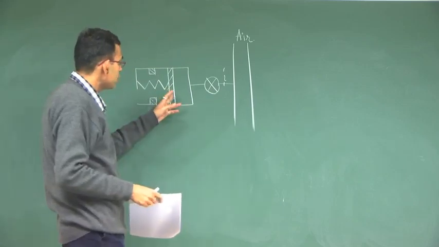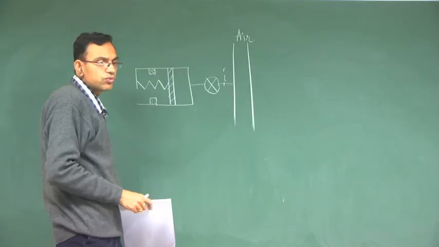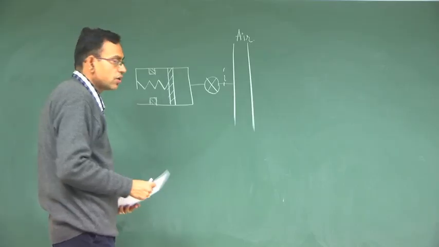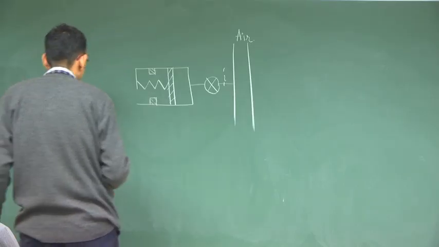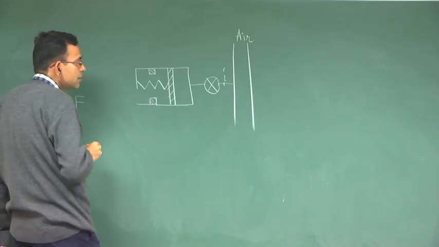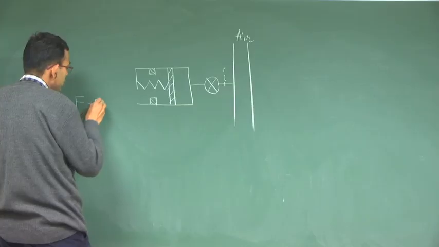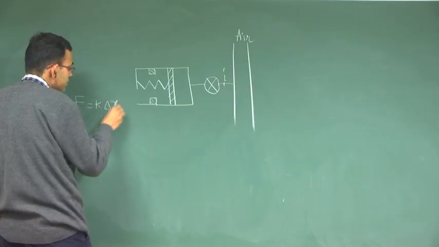So, when the piston is moving, how the pressure is related to the change in volume. For a linear spring, force is proportional to the displacement. So, F is equal to K into delta x.